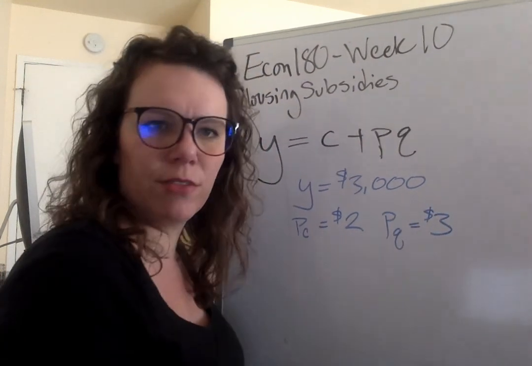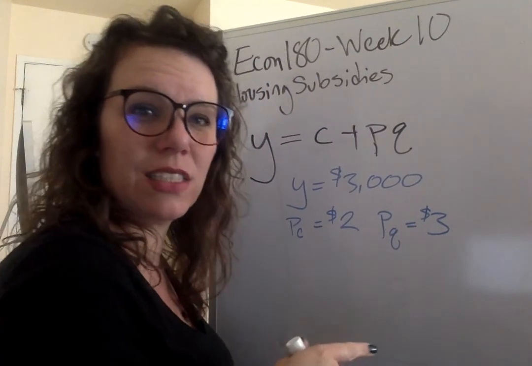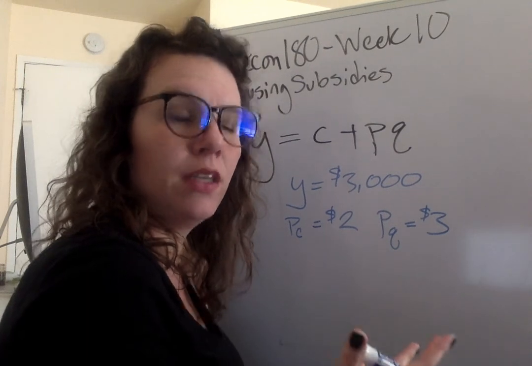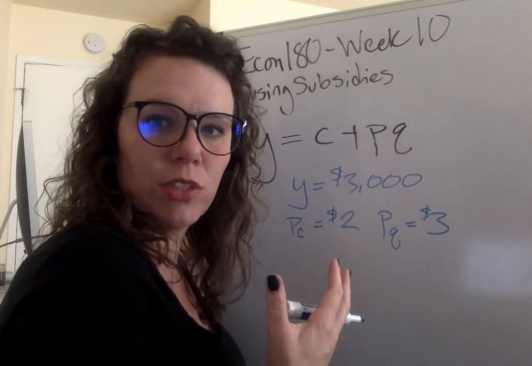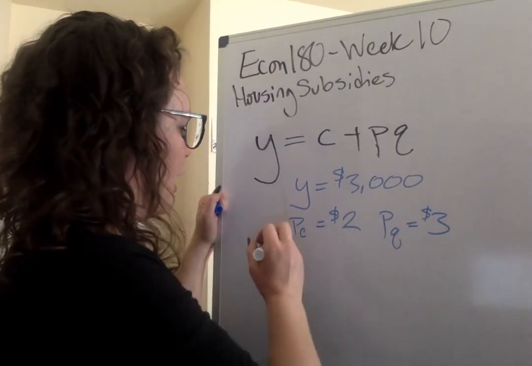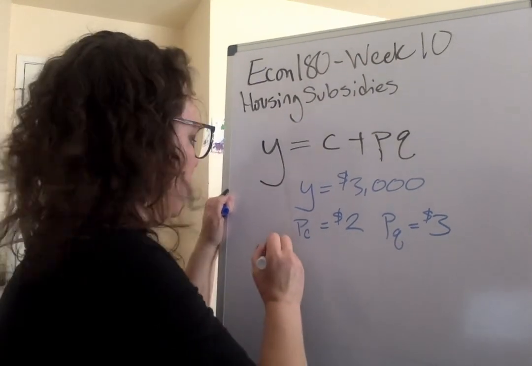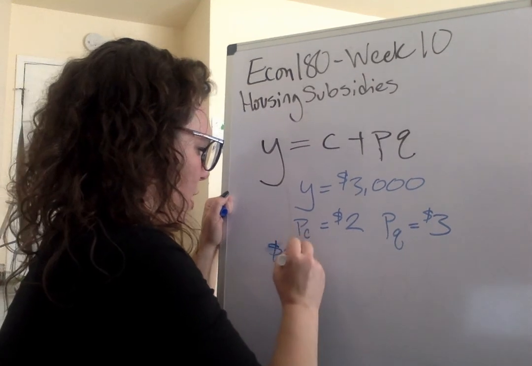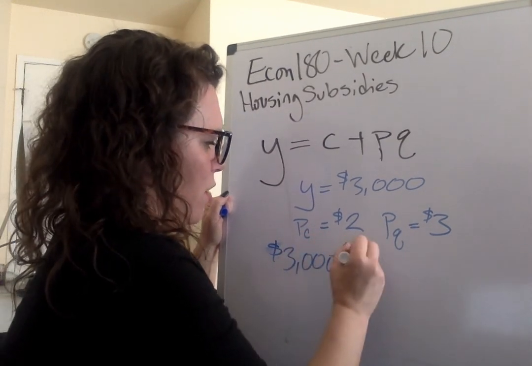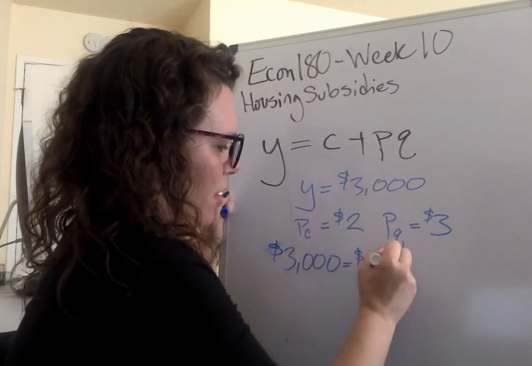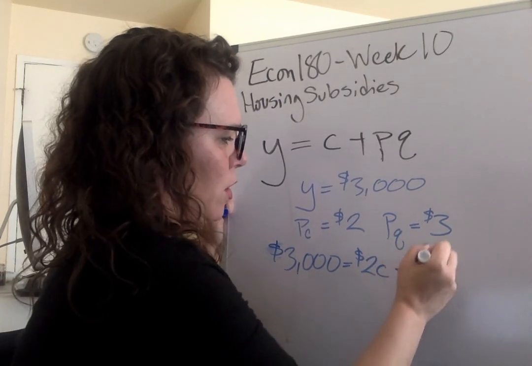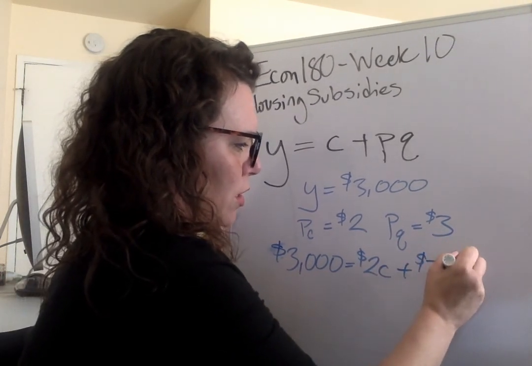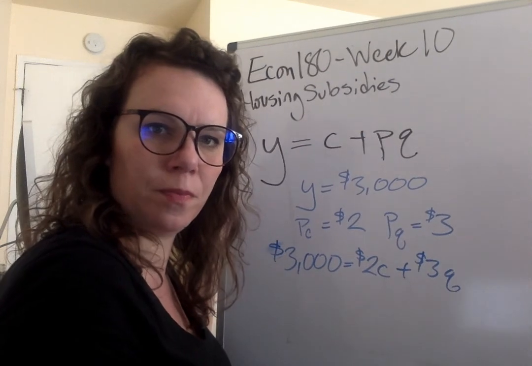That's one thing that's different that we hadn't done before, putting a price to C, the composite good of all other consumption. So our new budget constraint is $3,000, and you can spend it on either C, which costs $2, or Q, which costs $3, right?